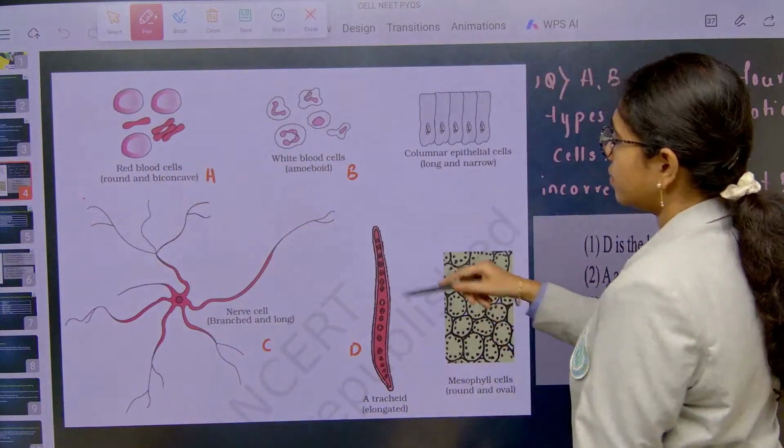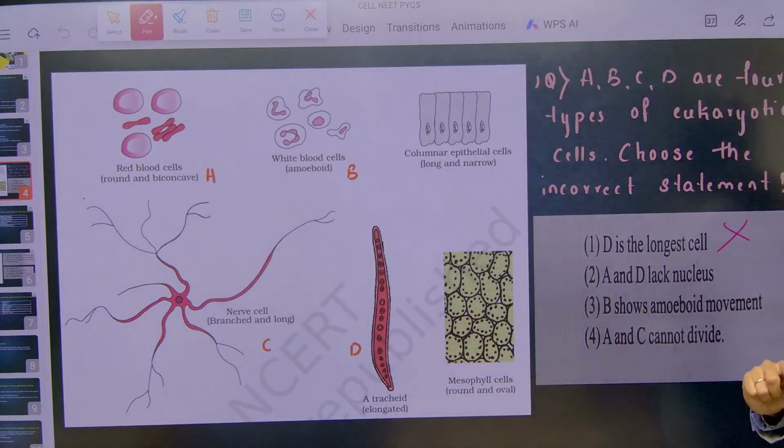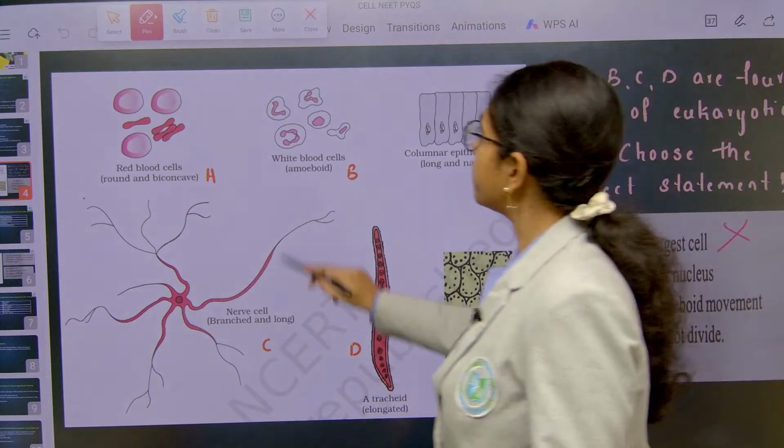No, nerve cell is the longest cell. Yes, option 1. Next.